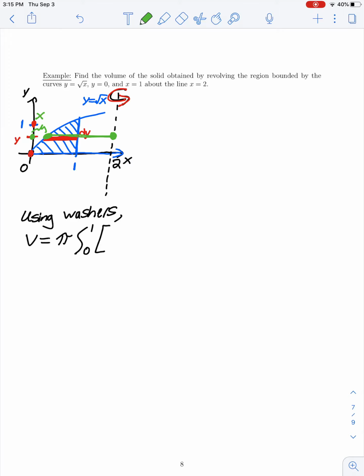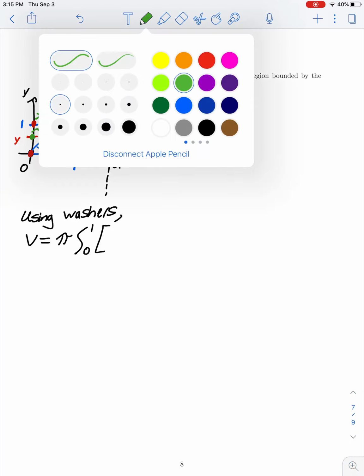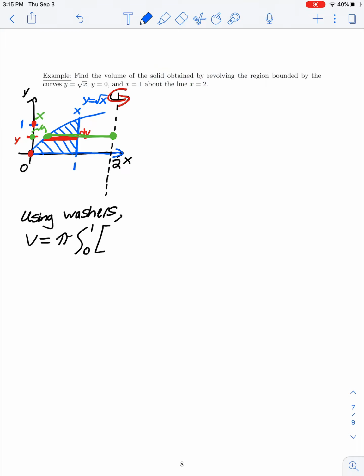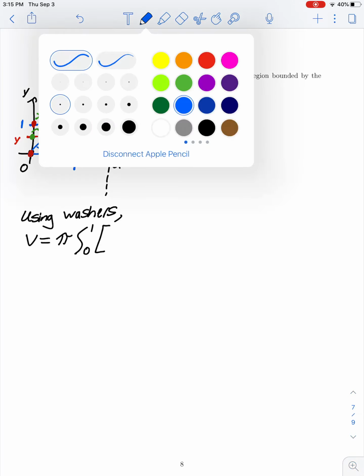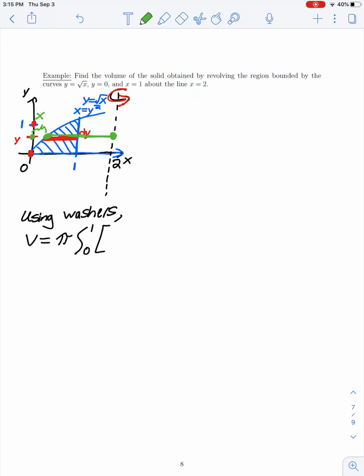And this curve, which is used to define the outer edge, was y equals the square root of x, or solving for x, we have y squared. So this distance that I'm traveling from the y-axis out to my curve is x, which is defined as y squared. And the total distance from my axis of revolution to the y-axis is 2 units, since our axis of revolution was x equals 2.